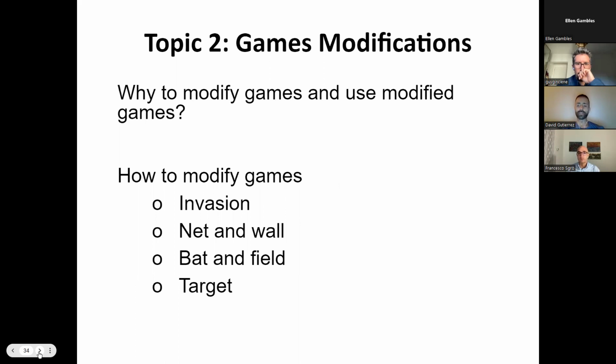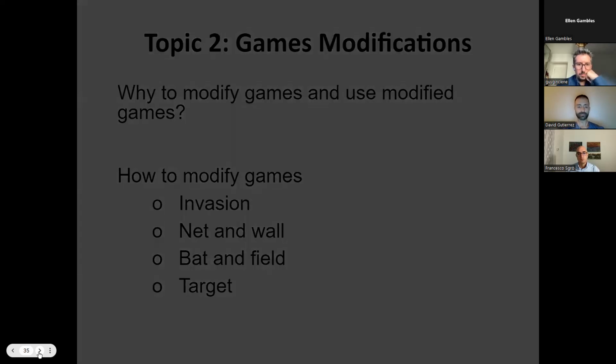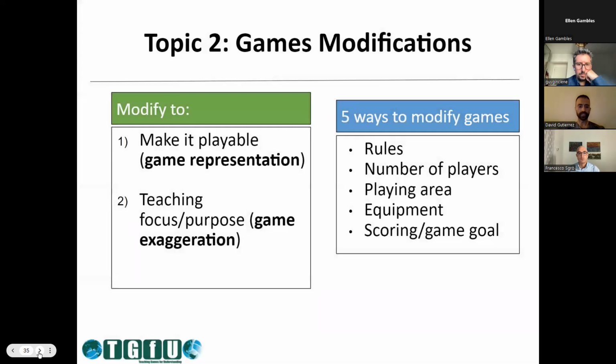And then we will move again to examples and how to modify games in the 4 categories. Next slide, please. So the why has 2 purposes. Firstly, is to make it playable.